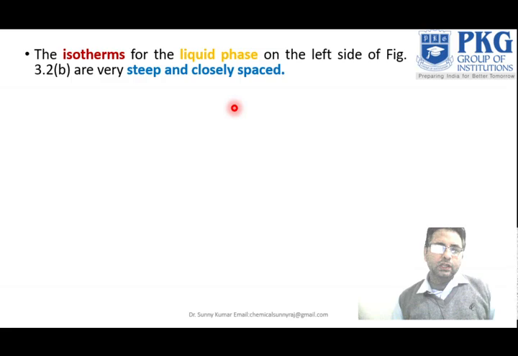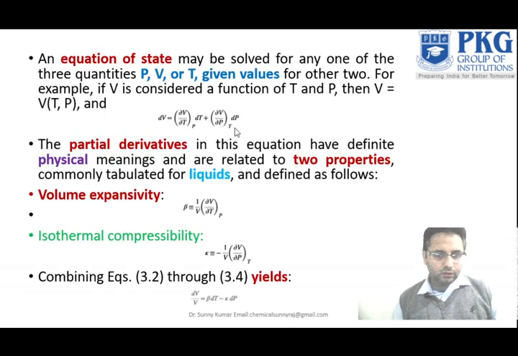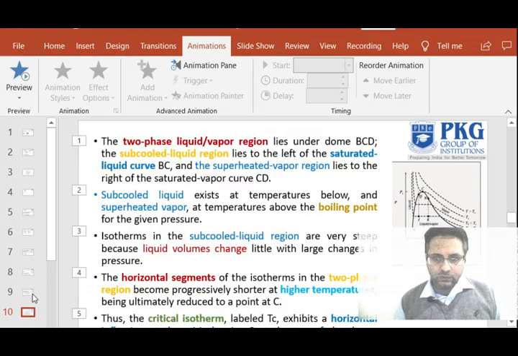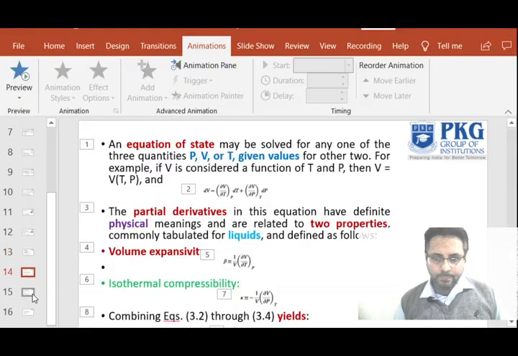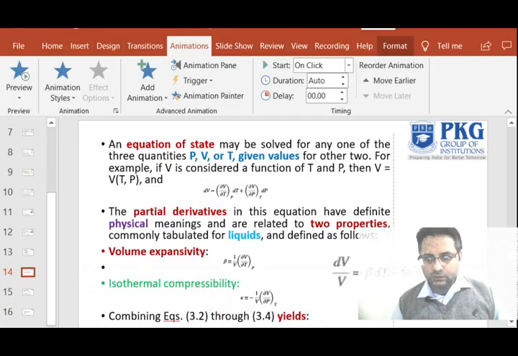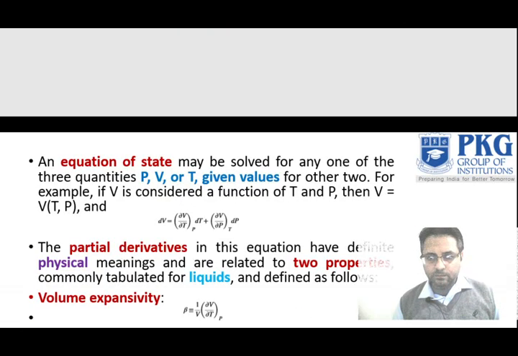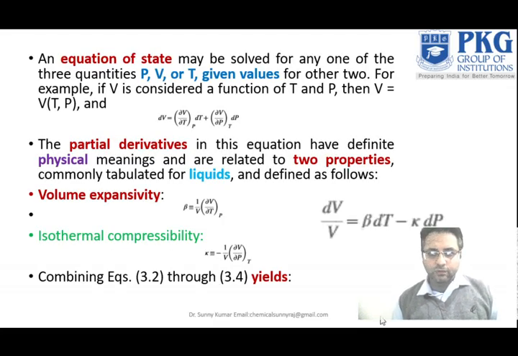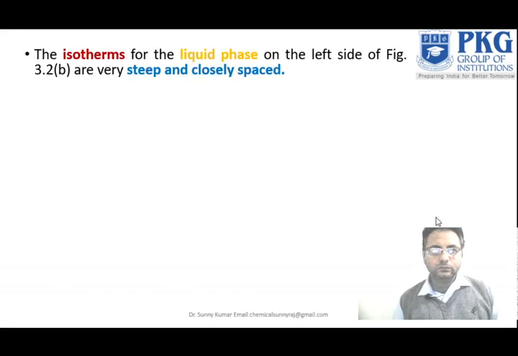So the isotherms for the liquid phase, on the left side of figure 3.2b, are very steep and closely spaced.